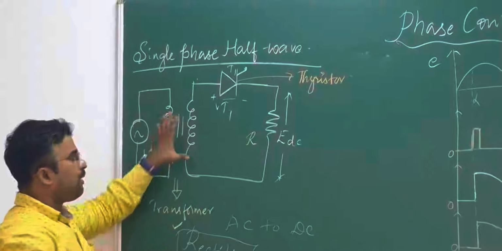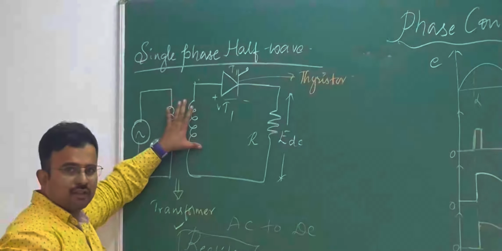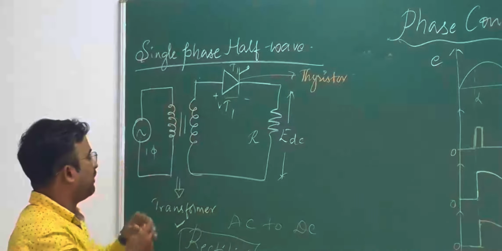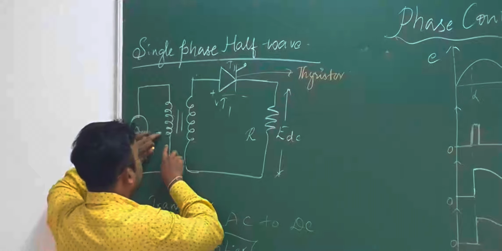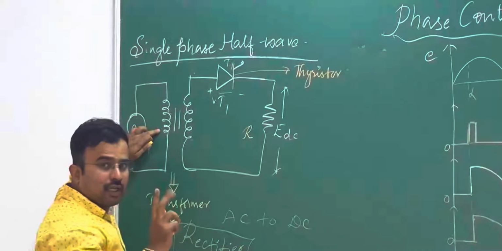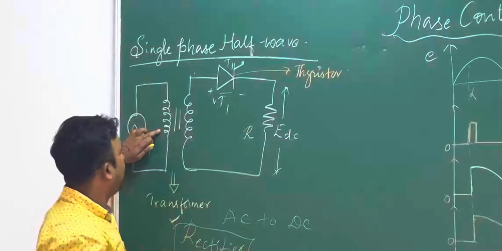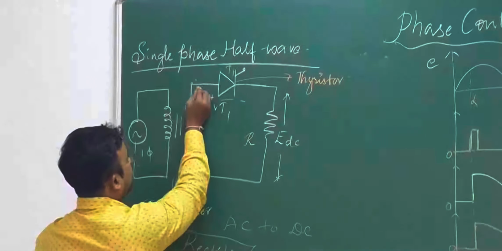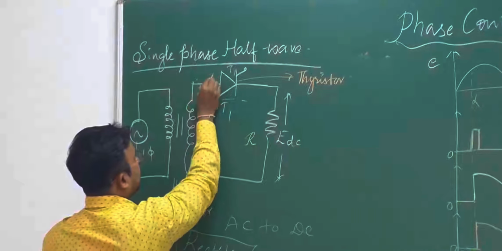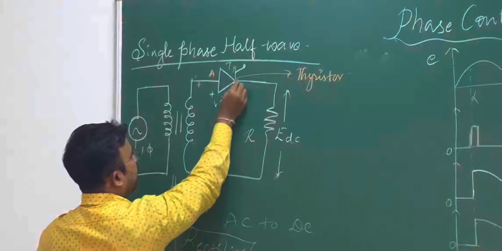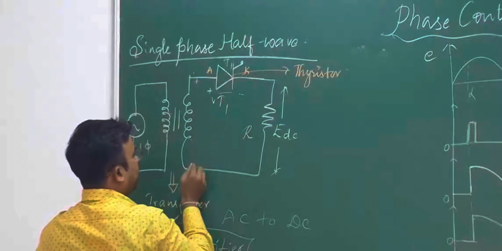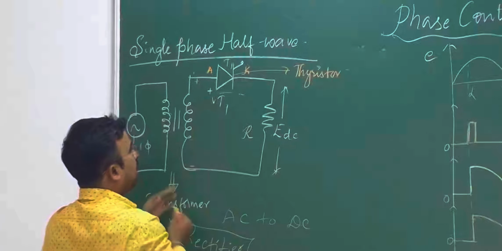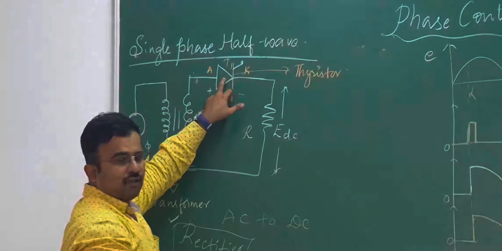To explain the working, you know that AC has two cycles, the positive half cycle and the negative half cycle. During the positive half cycle, the anode of the thyristor will be positive, whereas the cathode will be negative through the load. Therefore, the thyristor is forward biased.